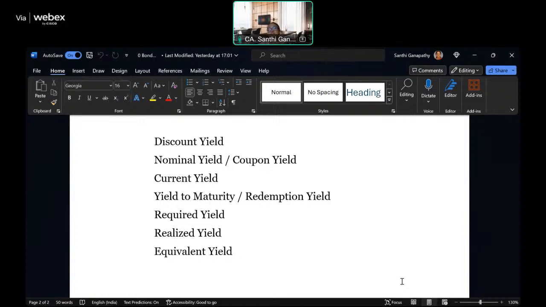Then lastly, you have the concept of equivalent yield. Equivalent yield restates the semi-annual or quarterly or monthly interest bonds into an equivalent annual yield bond. So if we have different fixed income securities whose interest payments are not annual, then I want to compare.